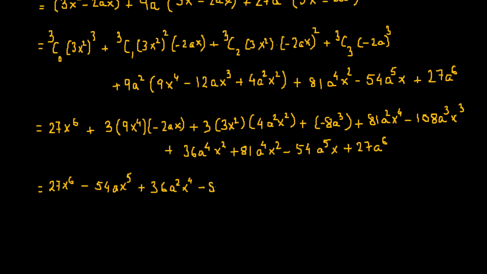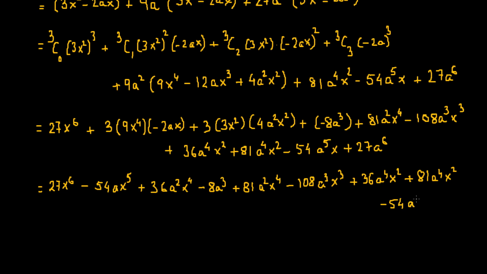Then we have negative 8 a cubed plus 81 a squared x to the power of 4 minus 108 a cubed x cubed plus 36 a to the power 4 x squared plus 81 a to the power 4 x squared minus 54 a to the power 5 plus 27 a to the power of 6.